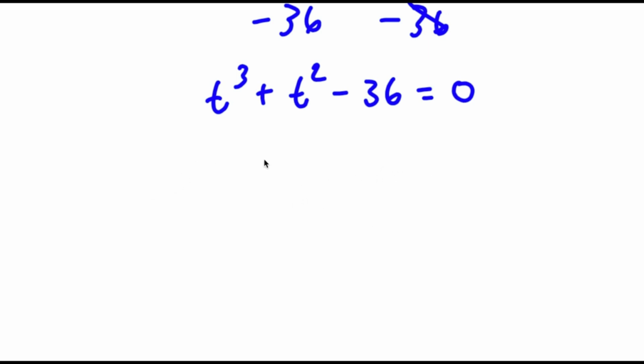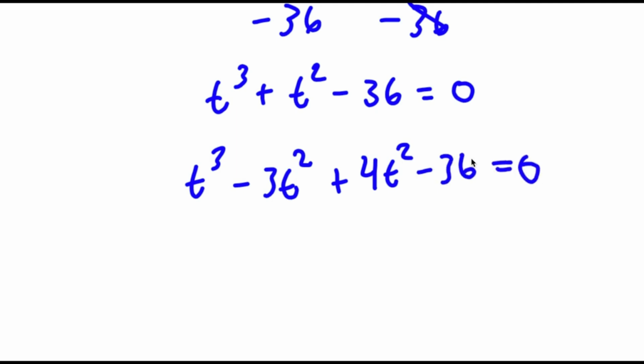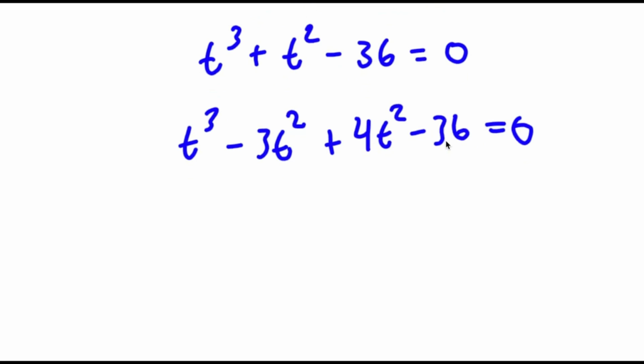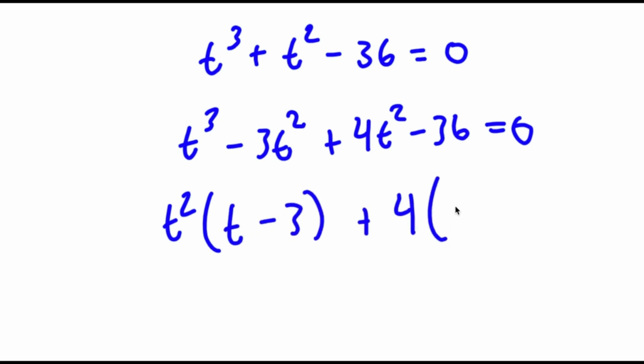So what I'm going to do is, from here, I'm going to rewrite this as t to the power of 3 minus 3t squared plus 4t squared minus 36 is equal to 0. And now, if I factor out t squared from t to the power of 3 minus 3t squared, I get t squared times t minus 3 plus, now I have 4 times t squared minus 9.